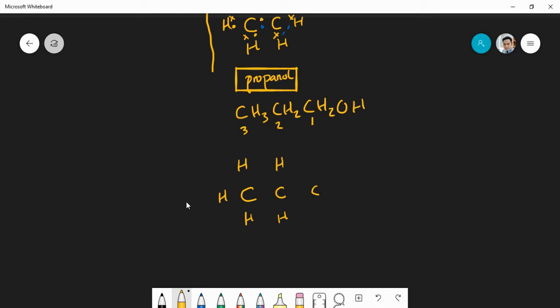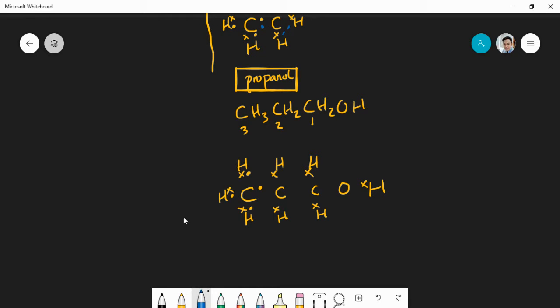Carbon number one also has two, but has oxygen and also hydrogen in it. So as usual, just give everything in here. After that, you will see every hydrogen will take one electron from carbon, and this is the remaining one.